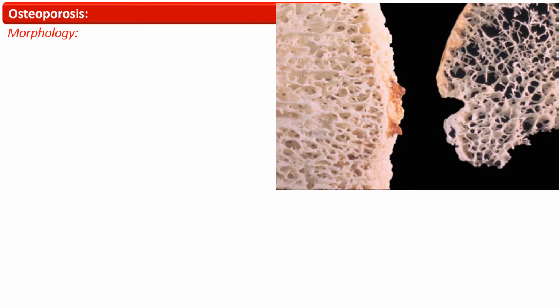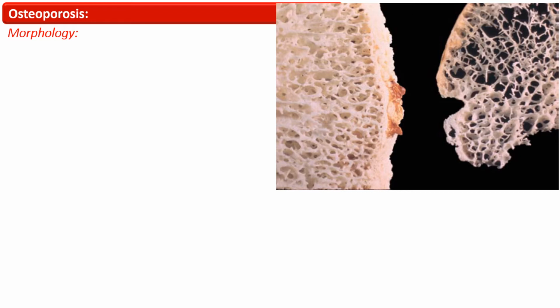So this is a gross picture of a femoral neck from an 82 year old woman with osteoporosis, and this gross picture is of the same thickness and compared with that of a normal bone.